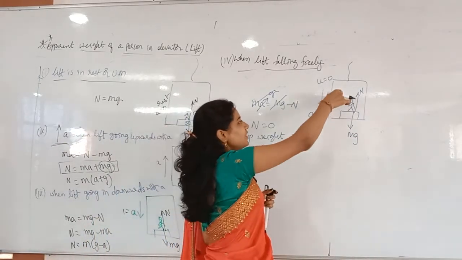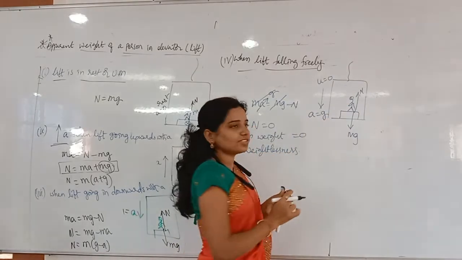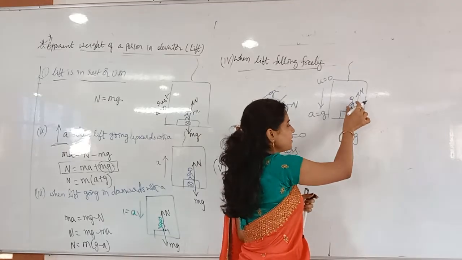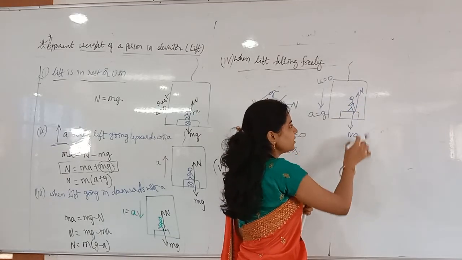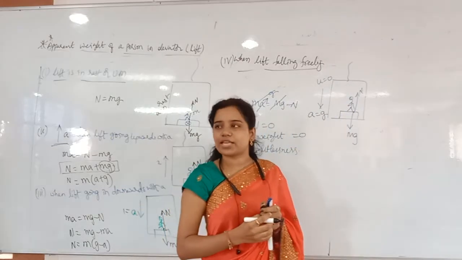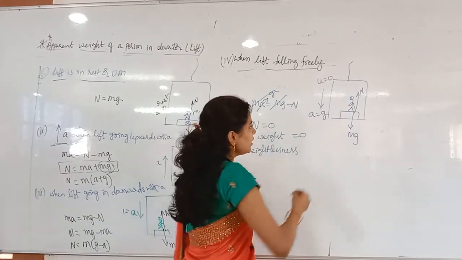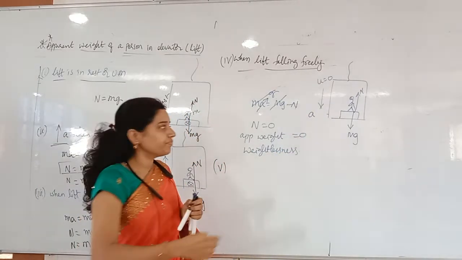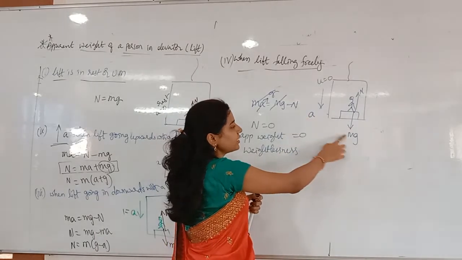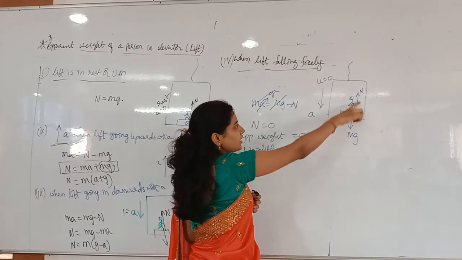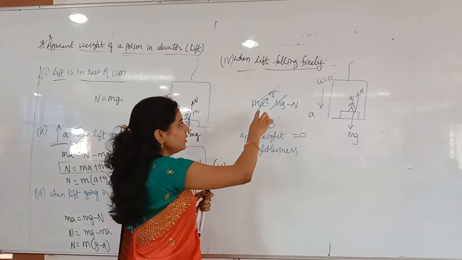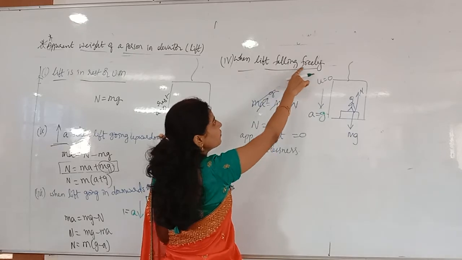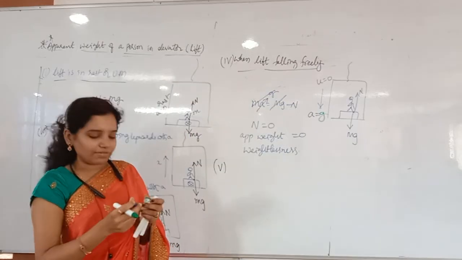So whenever the lift is falling freely, a is equal to g. It is moving purely under gravity only. Now, here the person has mass m. So mg is acting in the downward direction and the normal reaction is acting in the upward direction. Now, to write the equation for a, first of all ma is equal to, who is supporting the acceleration? mg, minus N. The a value is also g because it is falling freely, purely moving under gravity only.